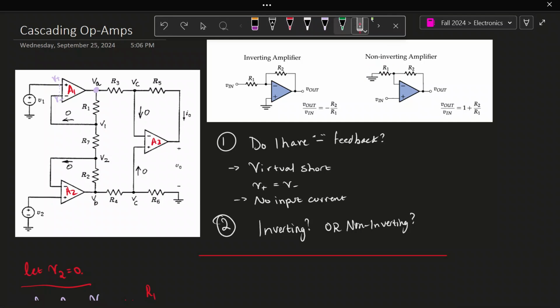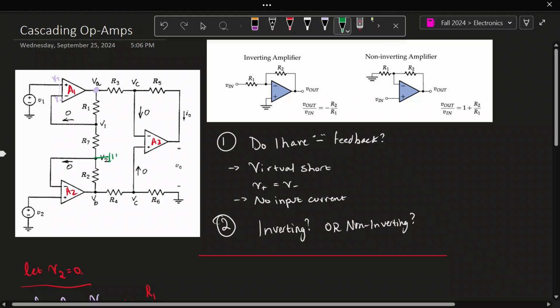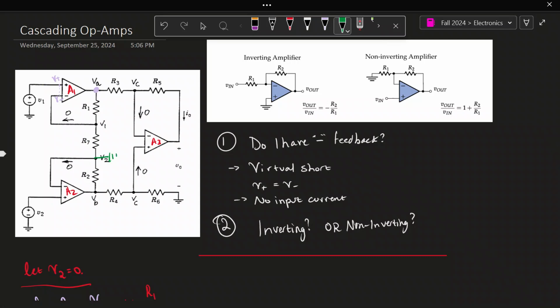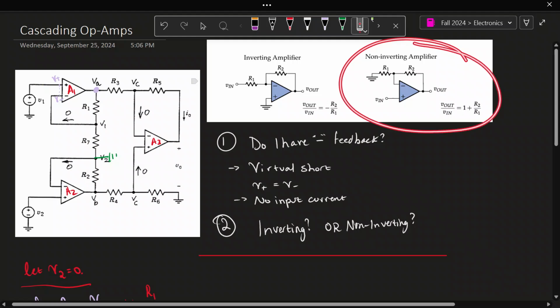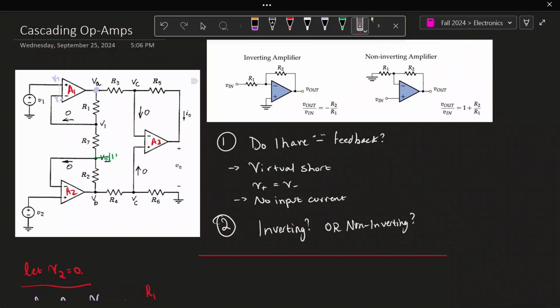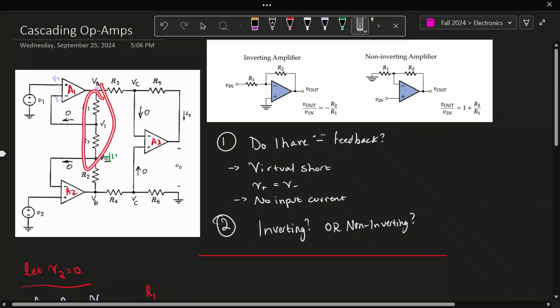Remember before, what was V2? V2 was ground. R7 in this circuit is our R1 for the non-inverting amplifier. I hope y'all can see that. I know it might be a little hard to see because it's in this weird configuration, but that's what's happening.